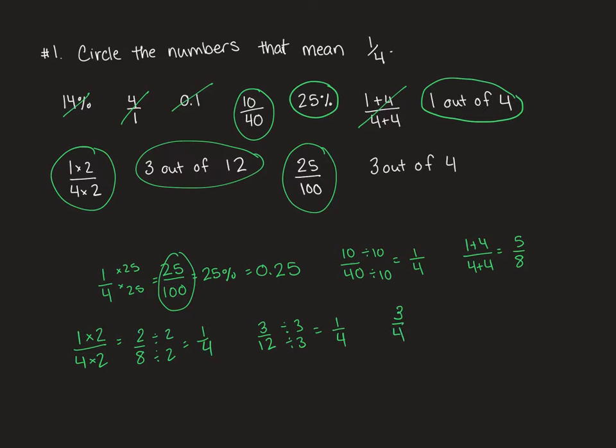Well, there's no way we can get to 1/4 from 3/4. So this one does not work. So it's just a way to go through all of those different ways of writing probability to see which ones are equivalent.